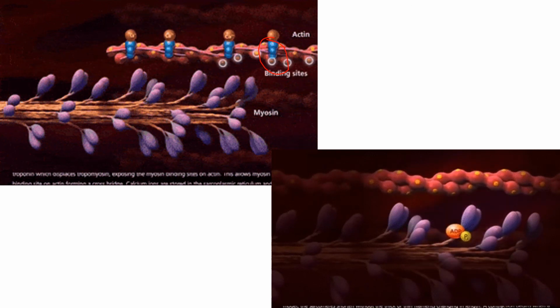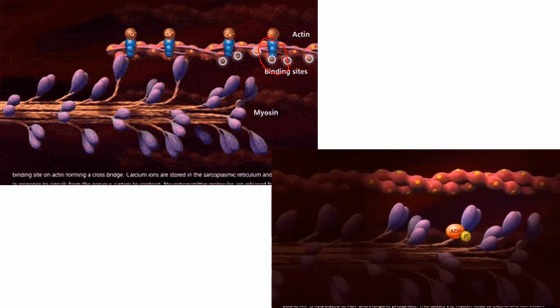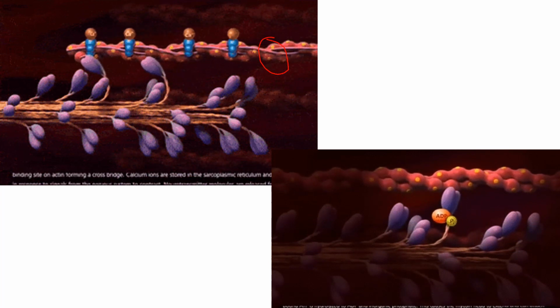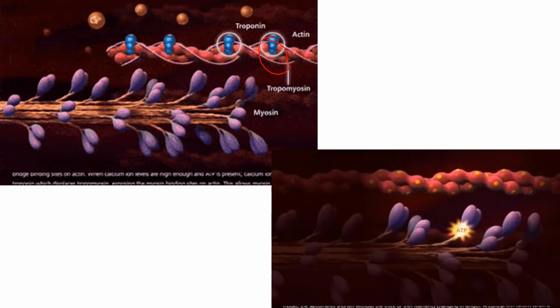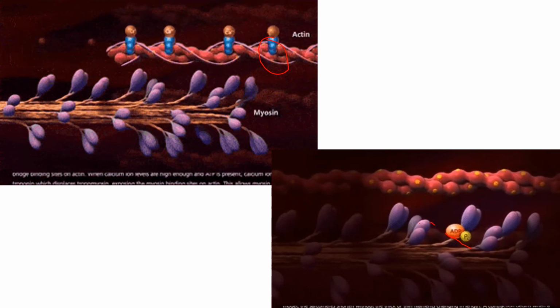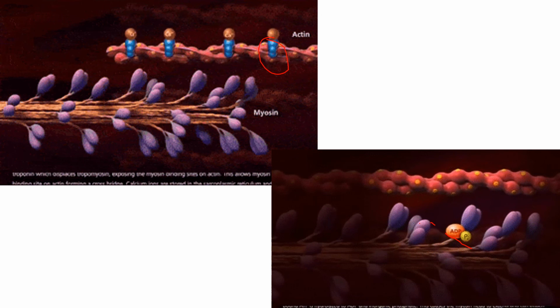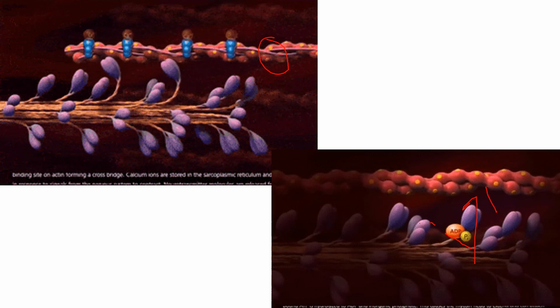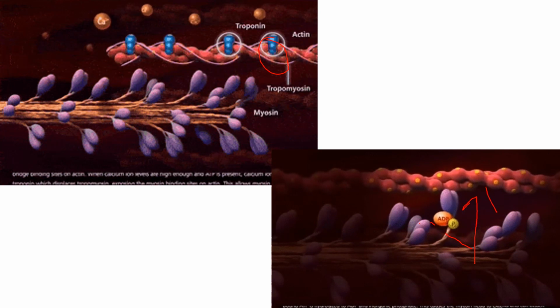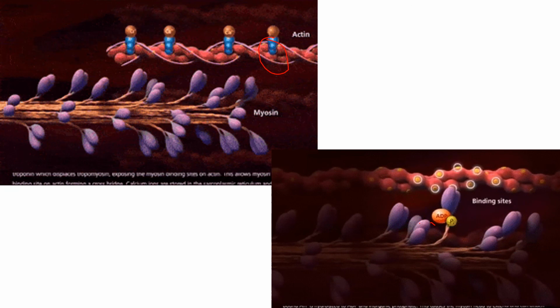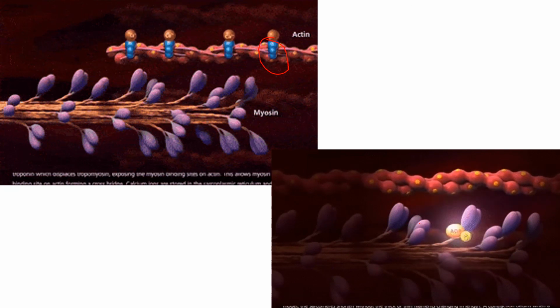This is going to hydrolyze, which means it's going to break apart, and it's going to form ADP and inorganic phosphate, as shown here by these two molecules, ADP and inorganic phosphate. The hydrolyzing of this ATP to ADP is going to cause our myosin head to extend up, and it is going to attach to our actin at these binding sites.